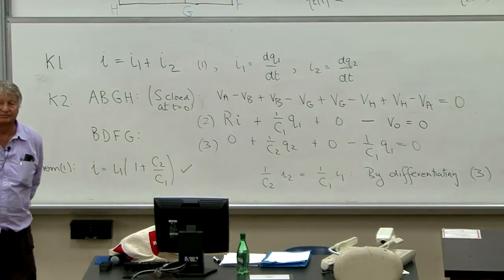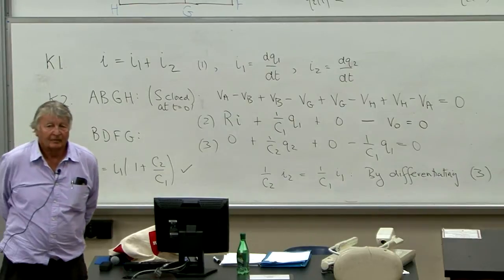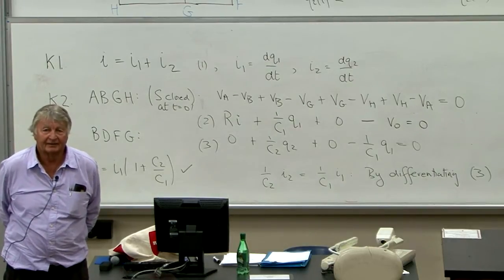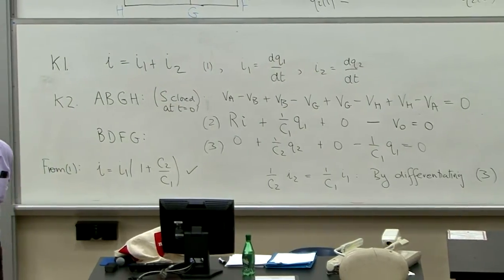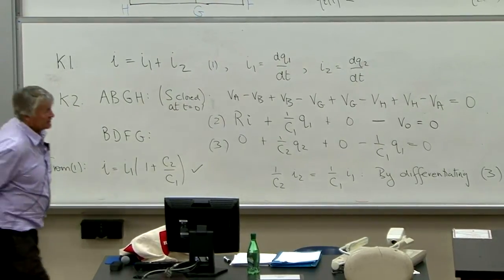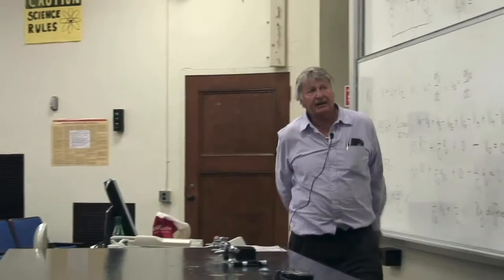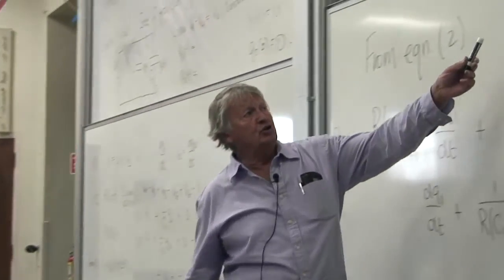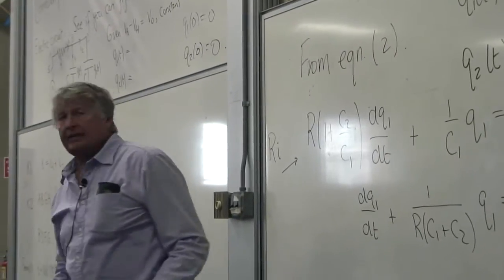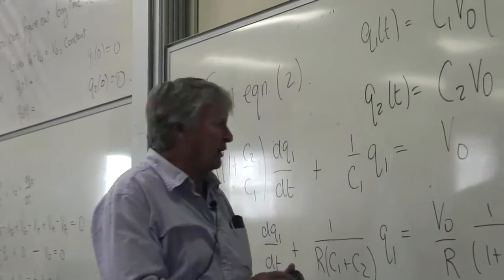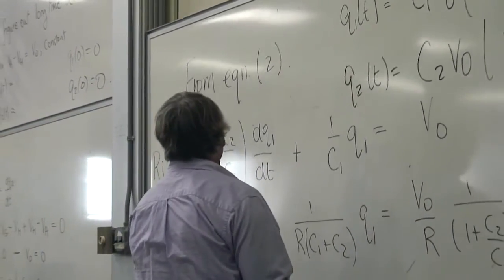Yes, question? When you ask how long is very long, are you going to solve for that, or is it just like 2 times 2? No, I would ask you maybe, roughly, for instance, I might say, how long does it take for Q1 to get to half its final charge? Then what would that be? So supposing we ask that question.